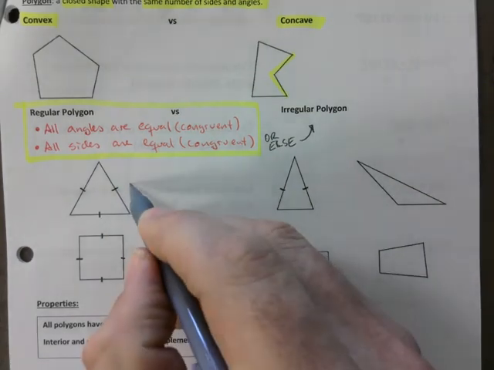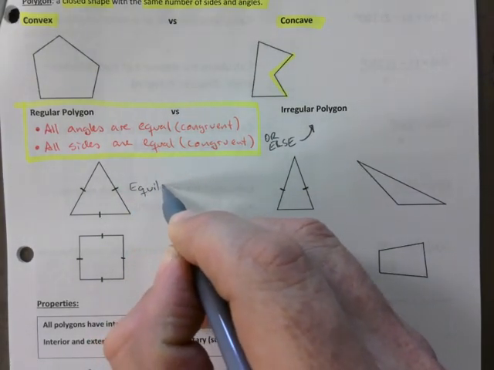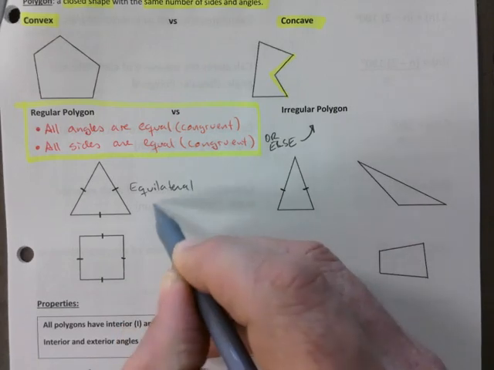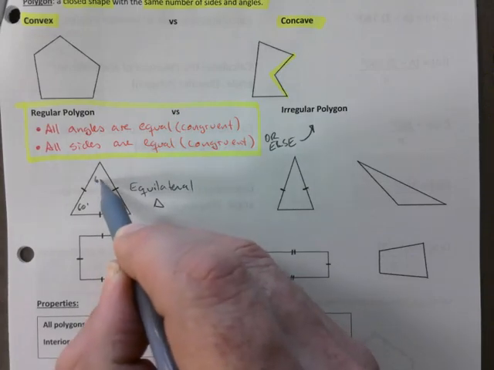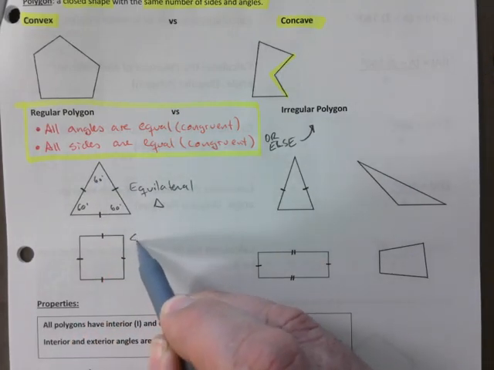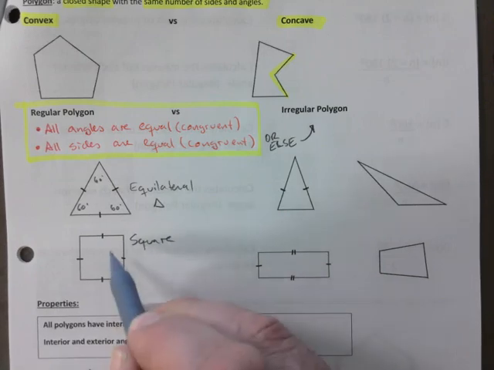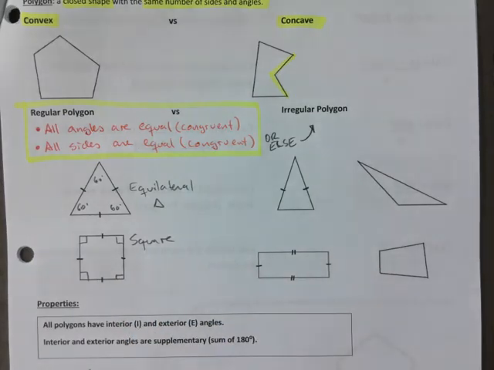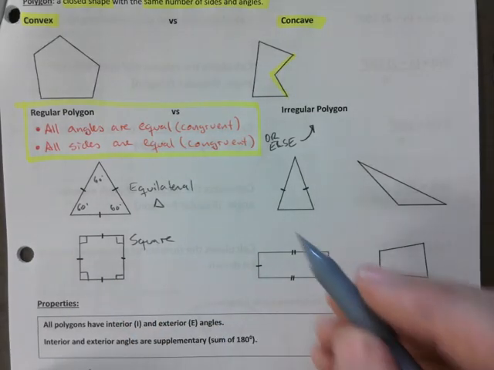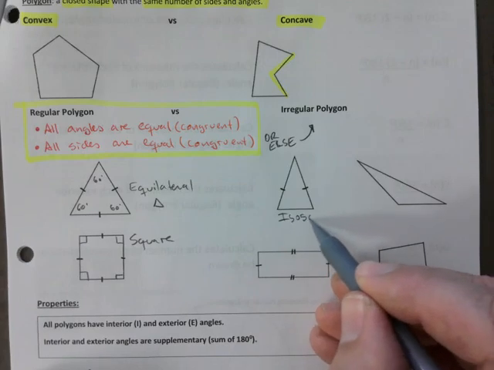Okay? So equilateral triangle is, because what are the angles again? 60, 60, 60, right? Square. Yes, all sides are the same and they're all 90s. This is an isosceles.